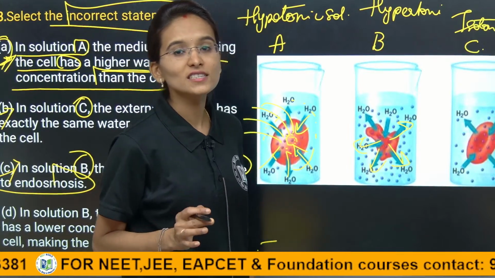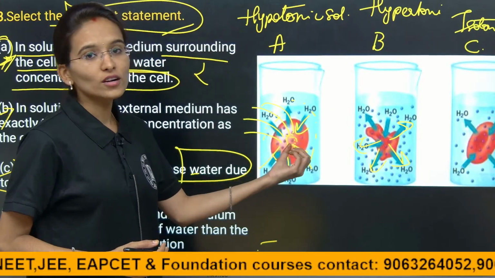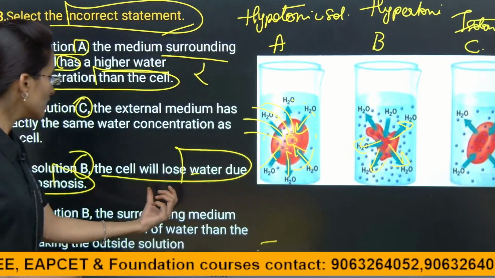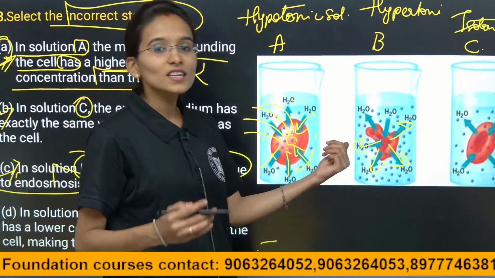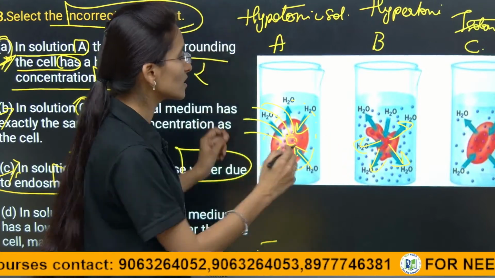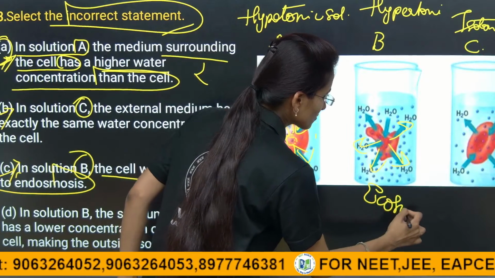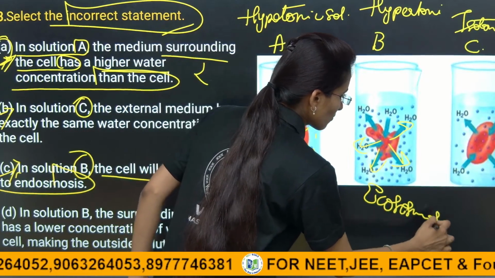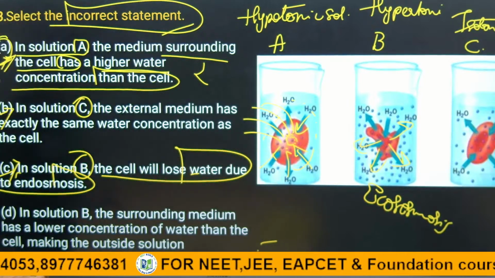Endosmosis is gaining the water. But here in solution B, the cell will lose the water due to the process of exosmosis, but not endosmosis.